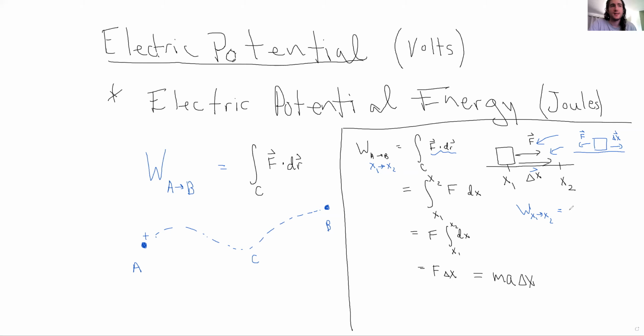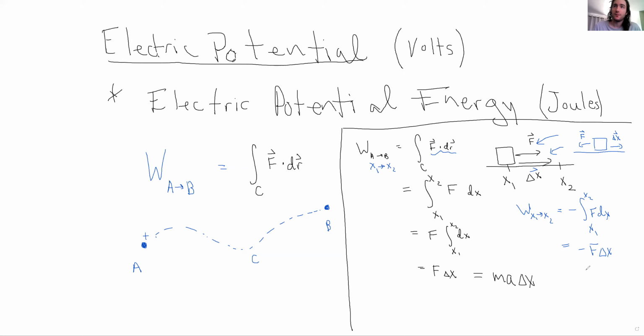So we pick up a minus sign, and then we have the integral again from x1 to x2 of f dx. This whole thing will integrate again, and we'll just give minus f times delta x. And so work can also be something that's negative. That's the point of this second example here. So work can be positive and it can be negative, and that's going to be important for us in the following way.